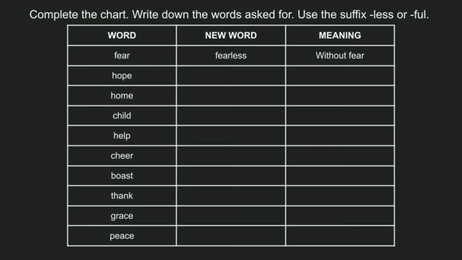Complete the chart. Write down the word asked for. Choose the suffix less or full. For example, fear. The new formed word is fearless, which means without fear. And now, answer the remaining words.